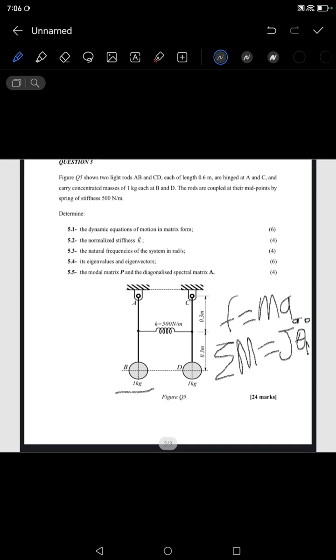We are given two light rods, which are massless, with length 0.6 meter.